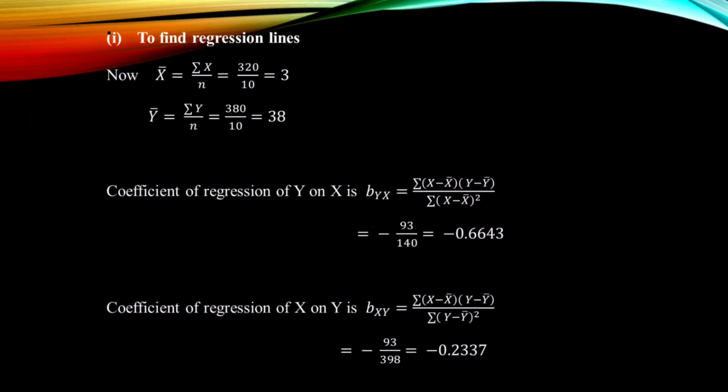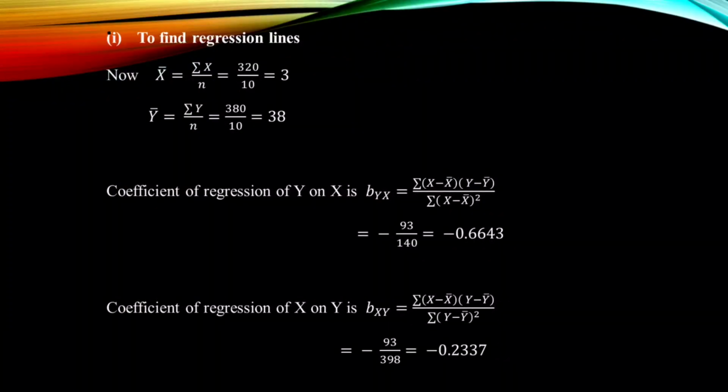Now first condition is to find the regression lines. The coefficient of regression line of y on x is Byx equal to sigma x minus x bar into y minus y bar by sigma x minus x bar the whole square. The numerator summation part is minus 93 and the denominator sigma x minus x bar the whole square value is 140.